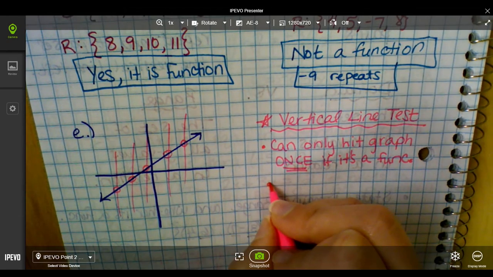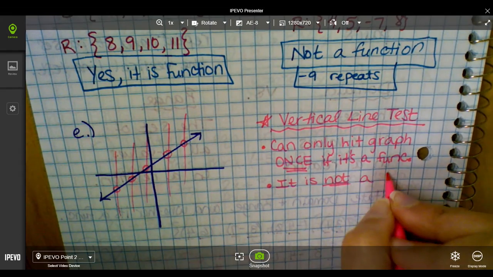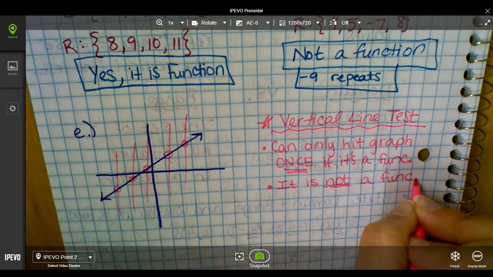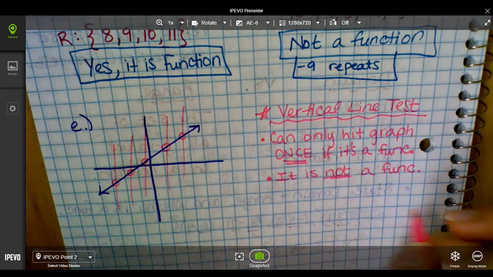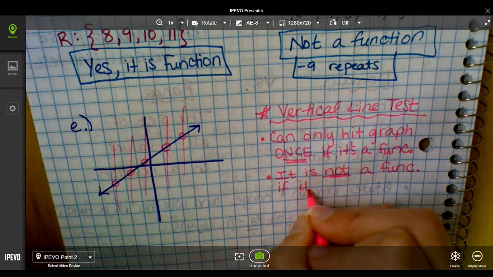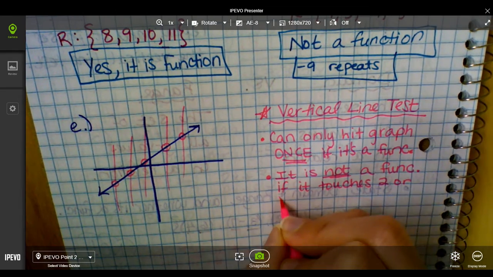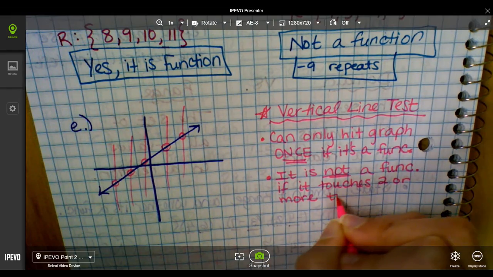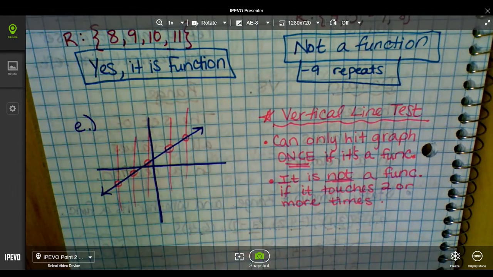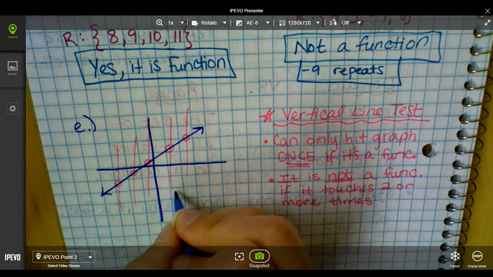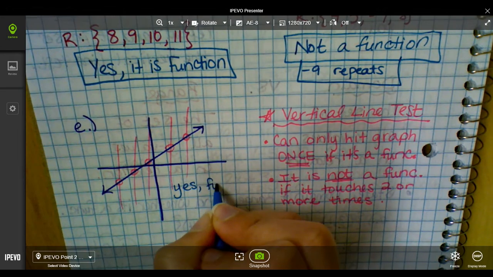It is not a function if it touches 2 or more times. Okay, so that is your vertical line test. So when we are asking this one over here, yes, this is a function.